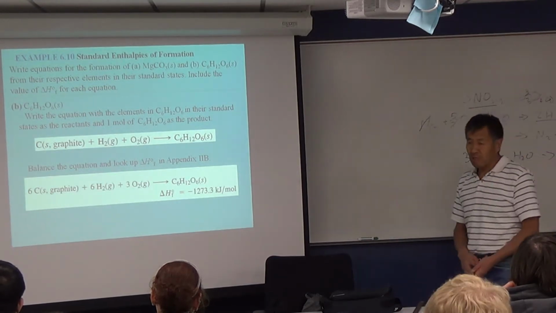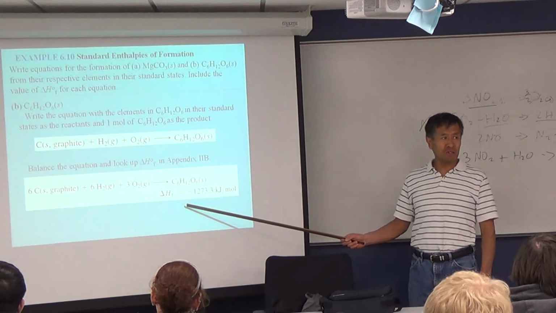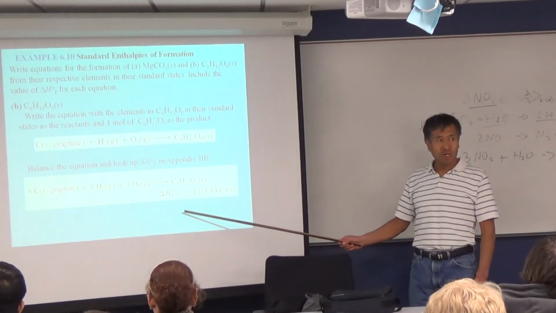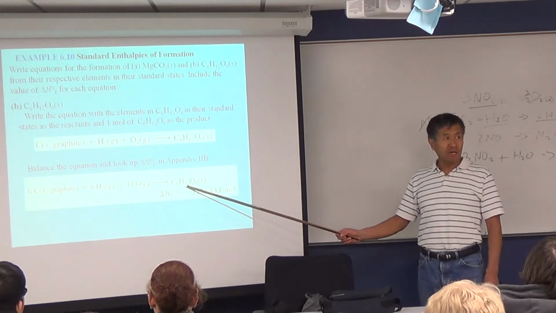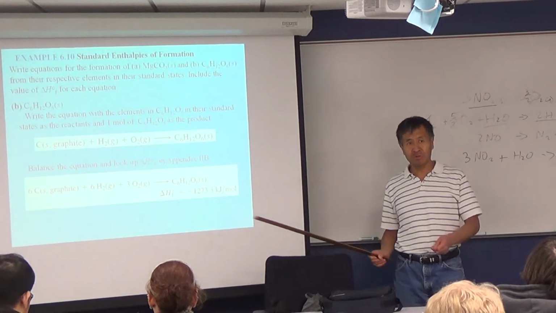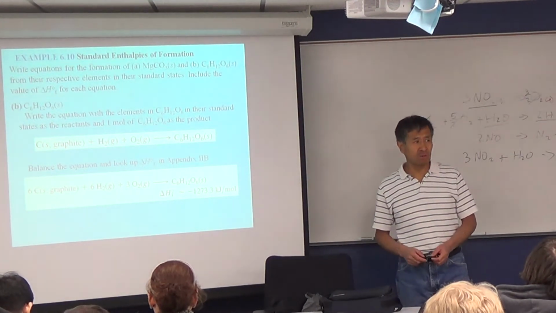The book could give you some of those numbers. If I tell you to find this delta HF0 for this compound, maybe in our book we don't have those numbers, but you can use a handbook and get them.